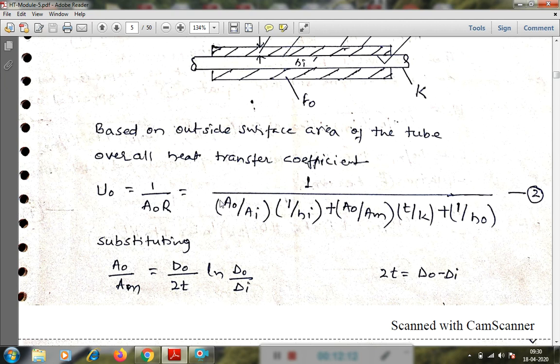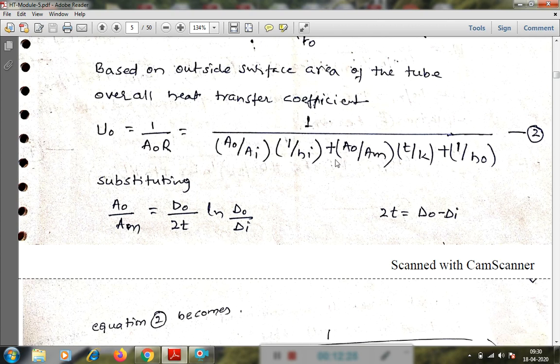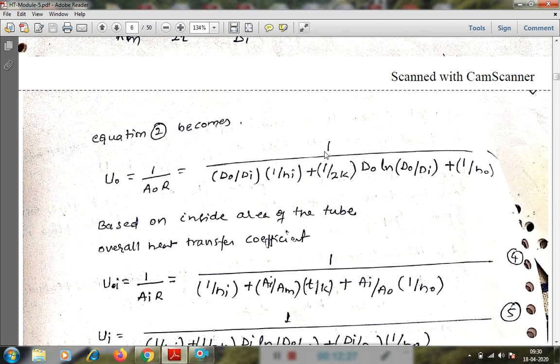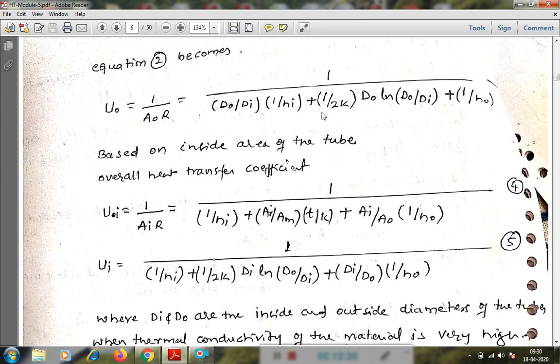Based on the outside surface area, the overall heat transfer coefficient is 1 by A0 R, where R is the total resistance. If you consider the diameters instead of area, you can write the overall heat transfer coefficient equation like this.